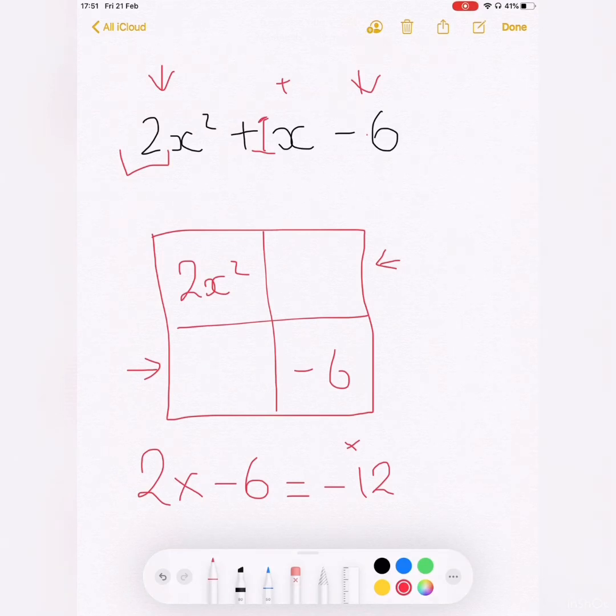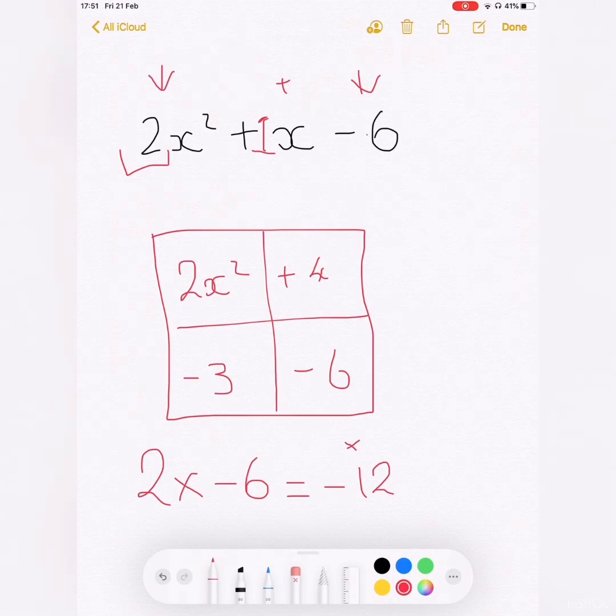So these two boxes have to times to get minus 12 and add to get 1. Therefore, one number must be positive, the other must be negative. And hopefully we can see that our numbers are going to be positive 4 and minus 3. Again, if you're unsure of that, check back to the other videos. They go over it in more detail.